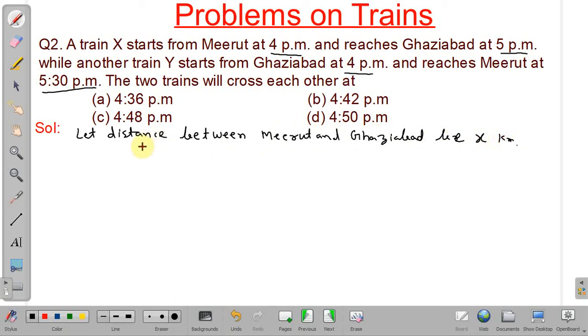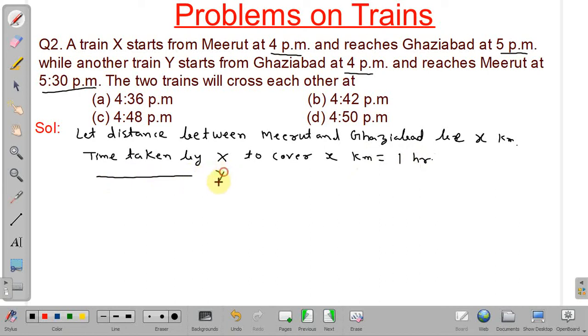So the time taken by train X to cover x kilometer is 1 hour, because it is starting at 4 and reaching at 5. Similarly, the time taken by Y to cover the same distance is 1.5 hour, or 3 by 2 hour.